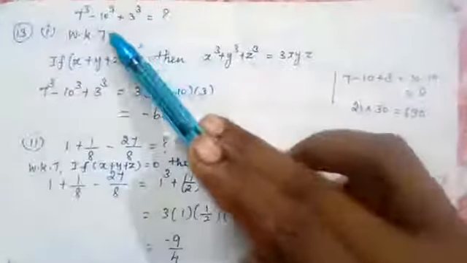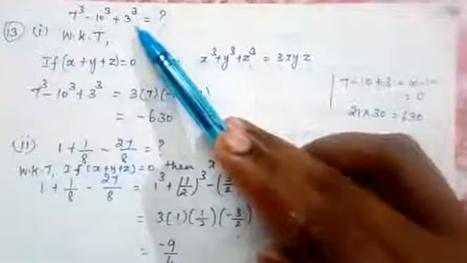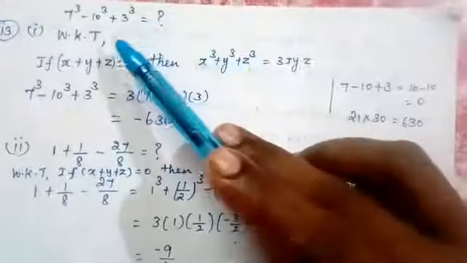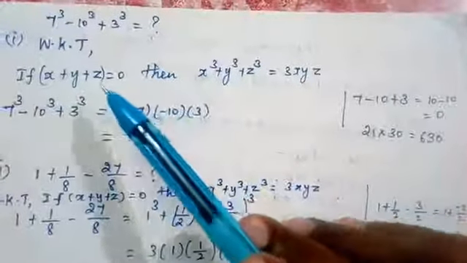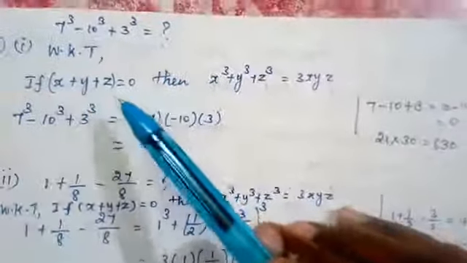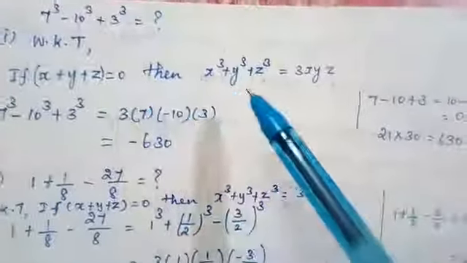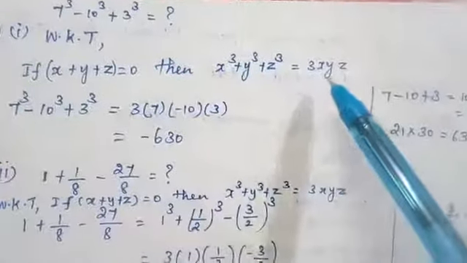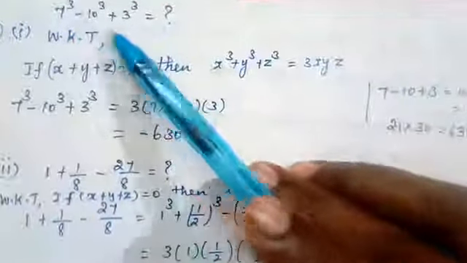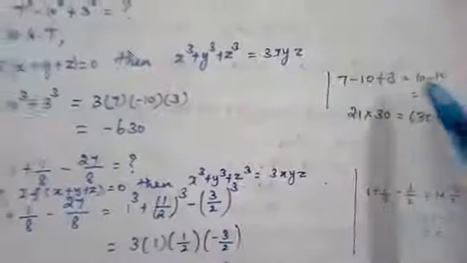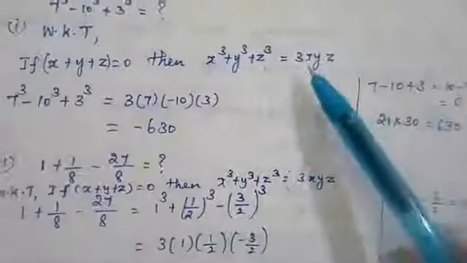For the 13th first question, 7 cube minus 10 cube plus 3 cube. We have to simplify this. We know, I already gave this formula: if x plus y plus z equals 0, then x cube plus y cube plus z cube equals 3 into xyz. So first you have to check the value 7 minus 10 plus 3. Simplify this, it is 0. So we have to substitute in this formula.